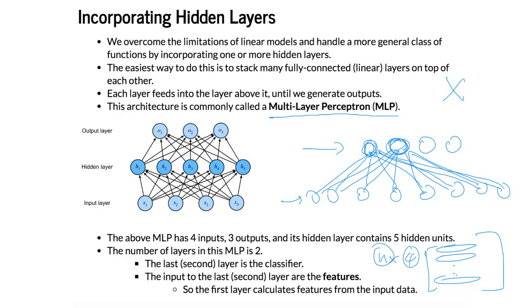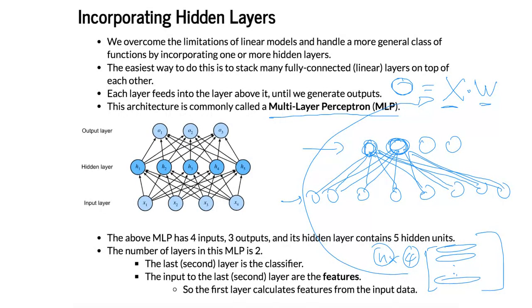How do I get the output in a fully connected layer? It's a matrix multiplication. I multiply X with W, and I get the output, let's say O. O equals X times W.